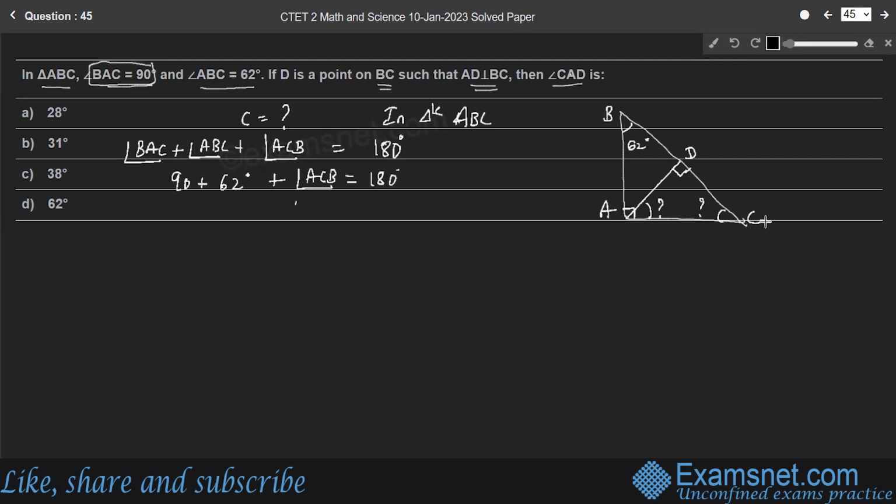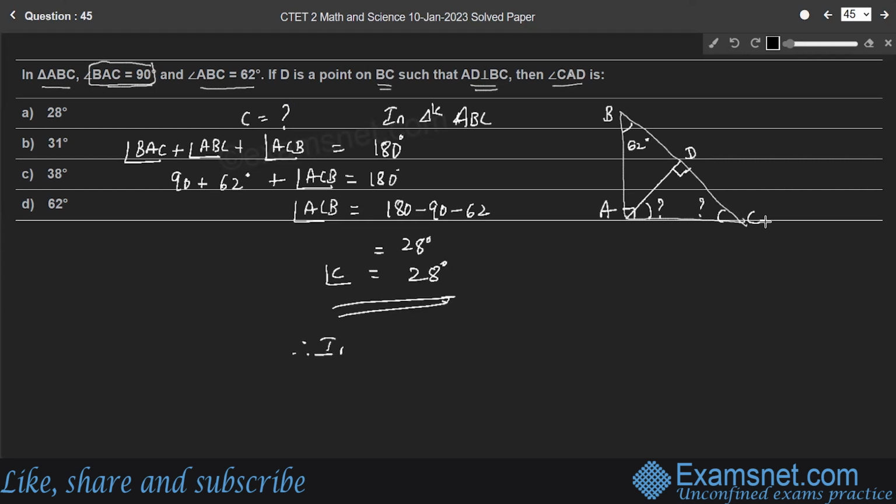Therefore, angle ACB is 180 minus 90 minus 62, which is 90 minus 62, which is 28 degrees. Therefore, angle C is 28 degrees.